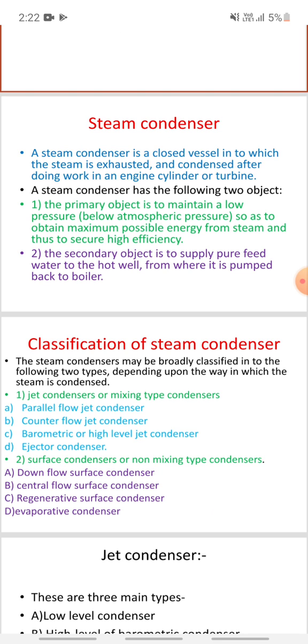The condensate formed, with the air and other non-condensable gases, is continuously removed by the pump.